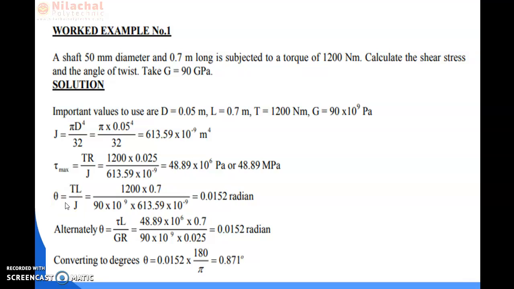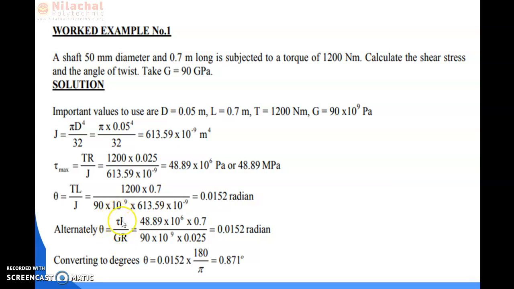Now we can calculate the theta value from the second half of the equation. We know that the torsion equation is tau by R is equal to G theta by L. Hence, theta is equal to tau L divided by GR.